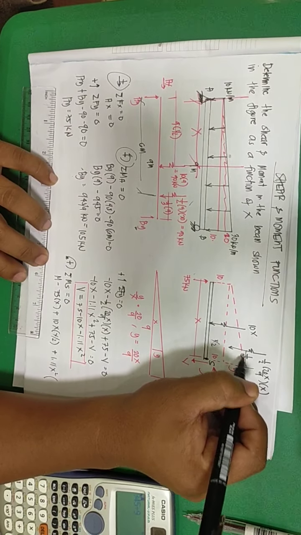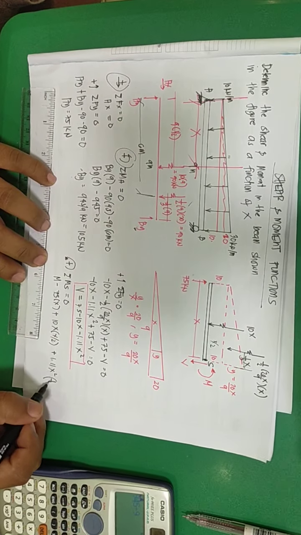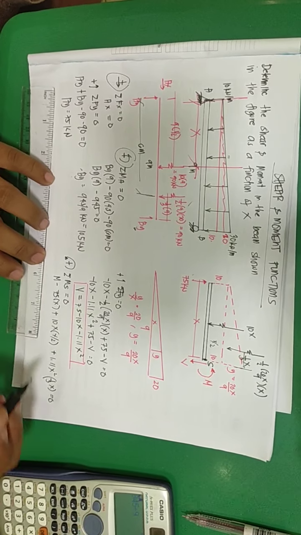This is 1/3 of x, so times 1/3 of x, equals 0.